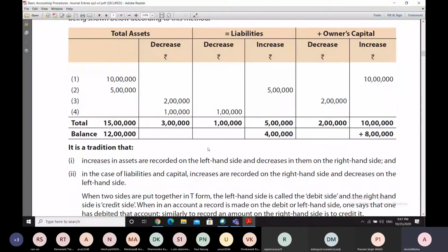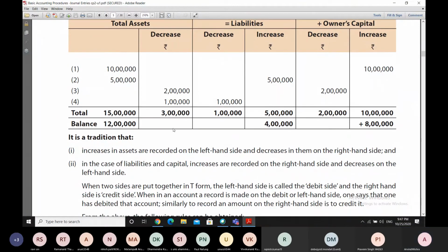So it has become a tradition that whenever assets are increased, they are recorded on the left hand side, and whenever assets get decreased, they are recorded on the right hand side.